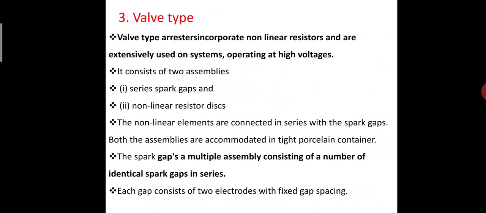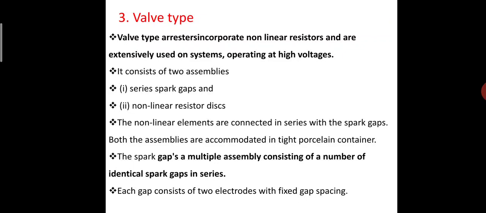Valve type lightning arrester. This type of lightning arrester is also called a non-linear surge diverter. It consists of divided spark gaps in series with non-linear resistor elements.